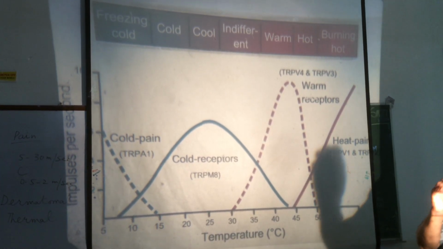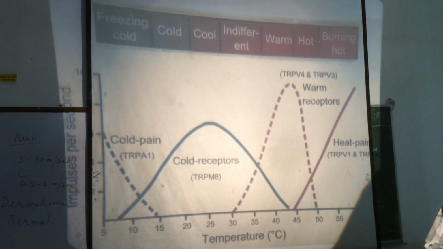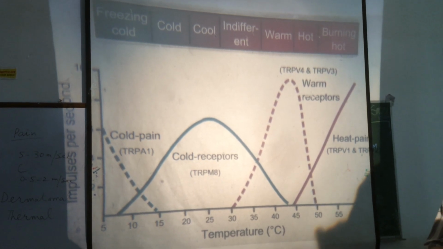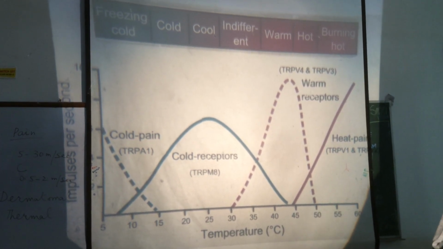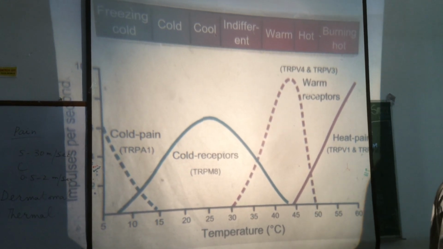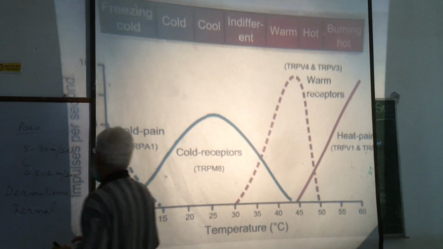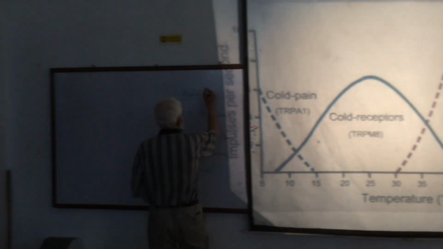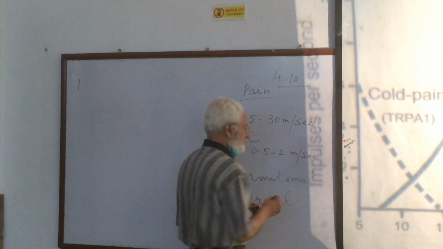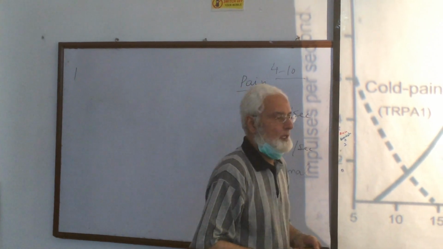So there are warm spots and cold spots. Cold spots are 4 to 10 times greater than the warm spots.